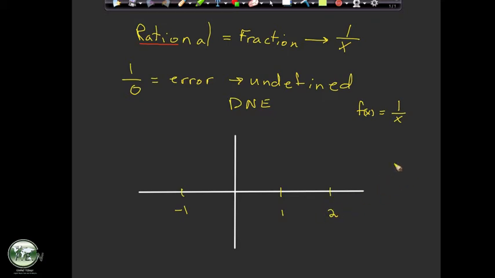So we end up with a point here, 2 comma 1 half. Now if we went out to 3, what value would we get? We plug 3 in for x, what do we get?